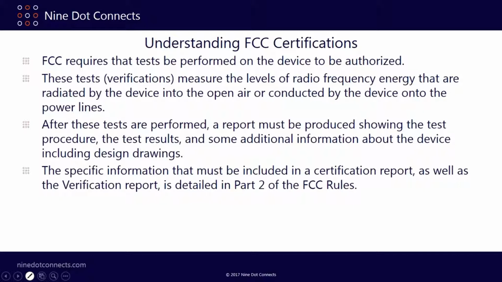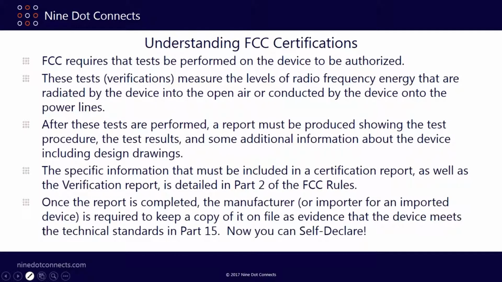Now, this specific information that's put in a report is detailed in Part 2 of the FCC rules. You as a manufacturer are going to have to keep a copy of this on file. Now the FCC even allows you to self-declare to allow you to get to market faster.